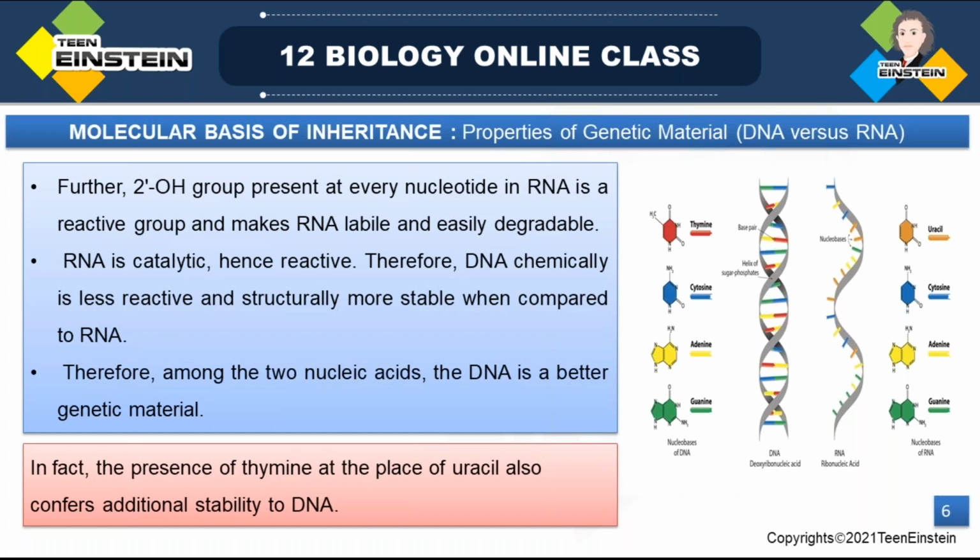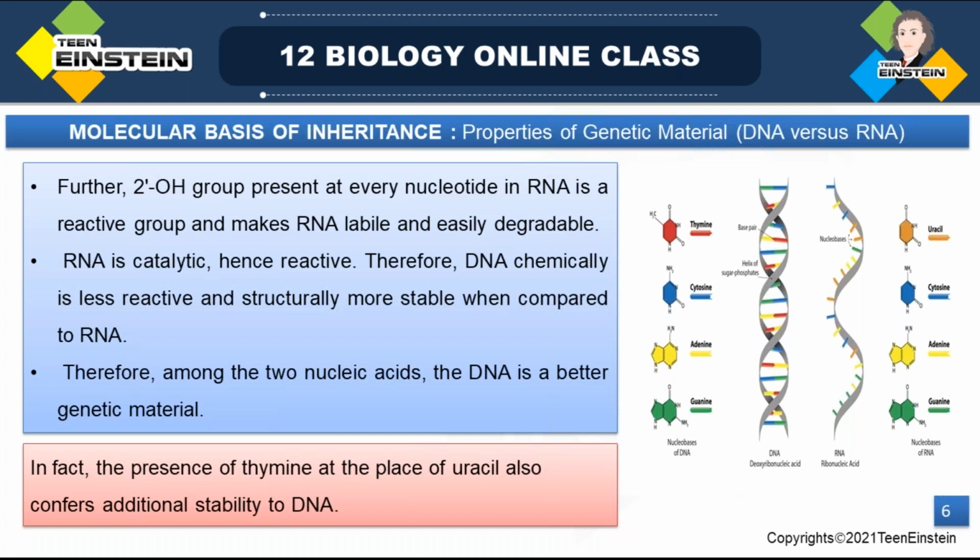Okay, that makes RNA unstable. The presence of that OH group in the second position of the nucleotide of RNA makes RNA reactive, and that makes RNA unstable, or degradable.